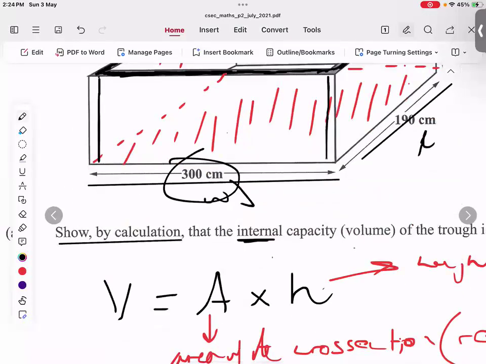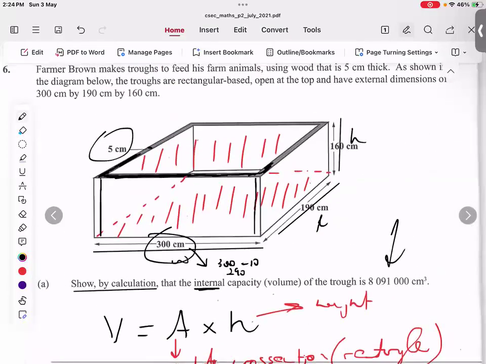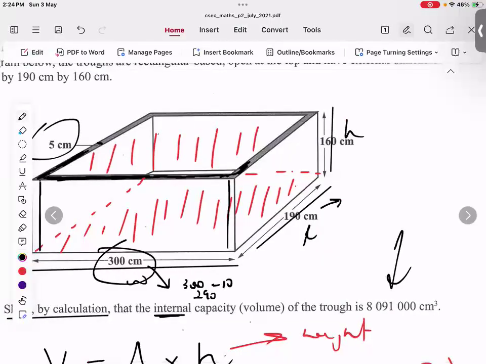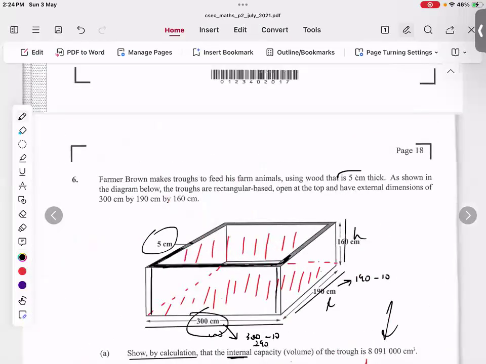So this 300 is actually going to be 300 minus 10, which is 290. All right? So for the width now, remember you have to go boom now and subtract 10 again. So 190 minus 10. So where do you get the 10 from? From both sides, people, both sides. It was mentioned that the 5 meters thickness.